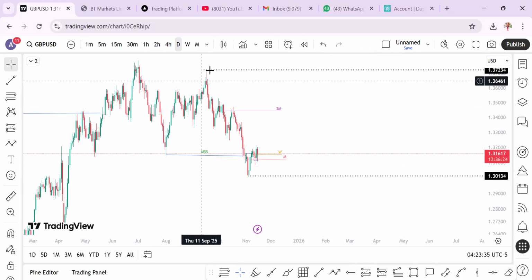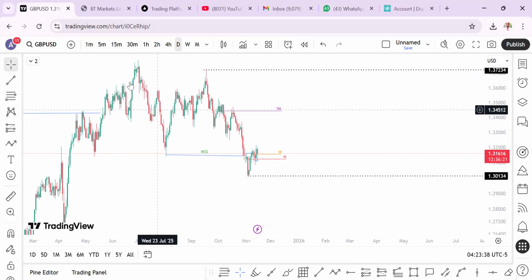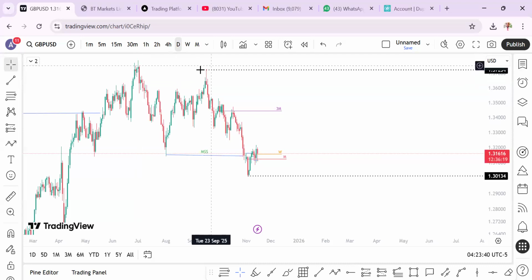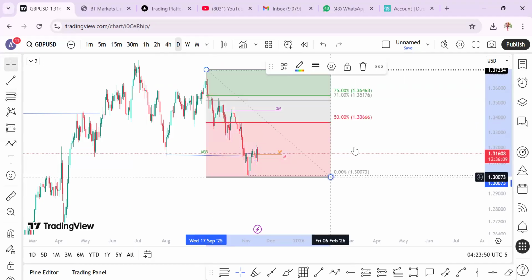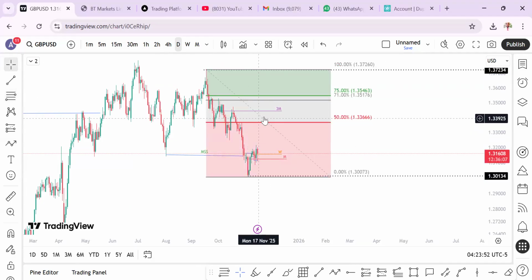So this is the swing high, giving us the swing low, a lower low. So that is bearish. But there's room for price to what? To buy to at least premium before we can sell.